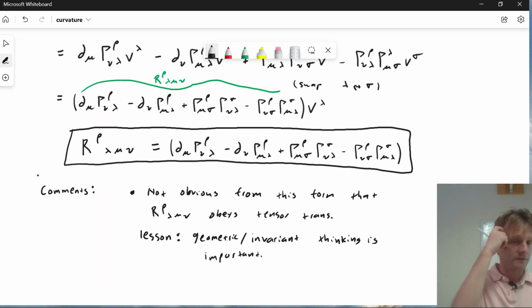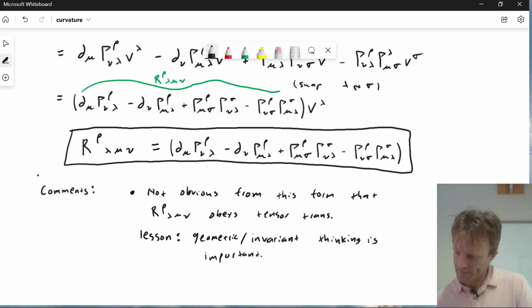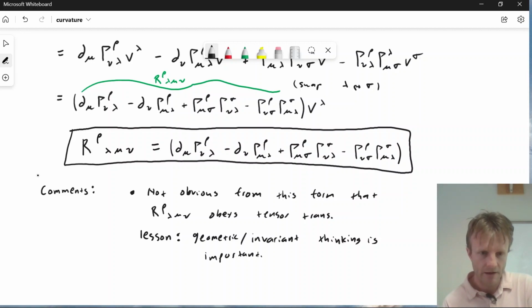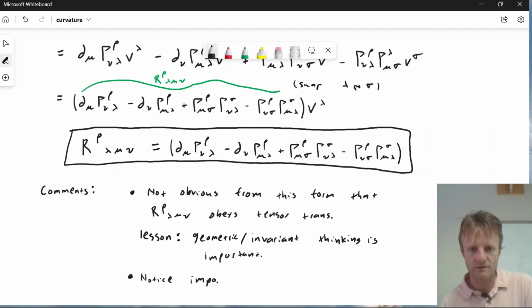Okay, you could never have guessed this. I already said this in words, but notice the importance of the derivative of v terms canceling out.